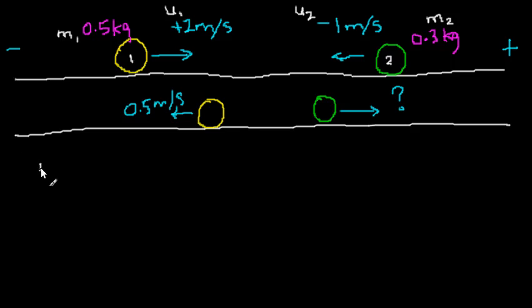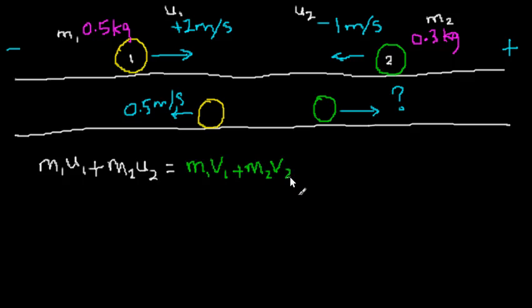That would be m1 u1 plus m2 u2 is equal to m1 v1 plus m2 v2. It's helpful that we already have a picture to look at. So we already have the symbols for m1, m2, u1, u2.